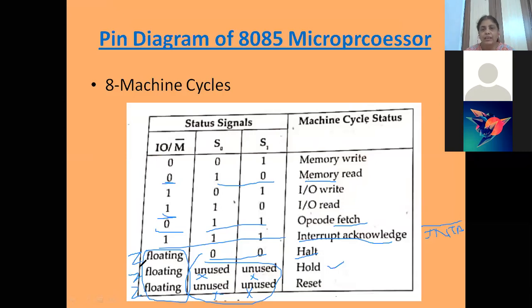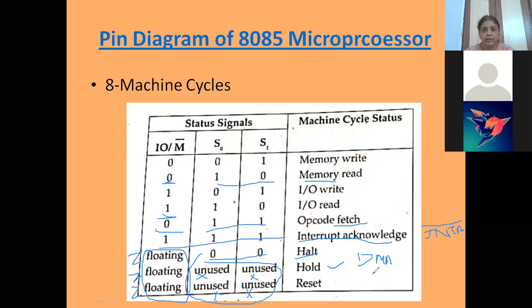Or we can so say, ma'am, बोलो. What's the difference between hold and reset? Hold, I will tell you. Hold जो है signal that is generated by DMA. We have done this small topic on DMA, direct memory access, where you can transfer data directly from one place to another.